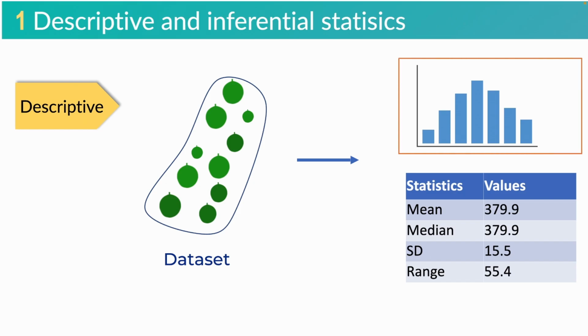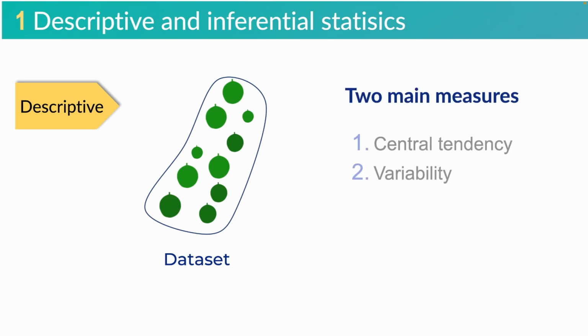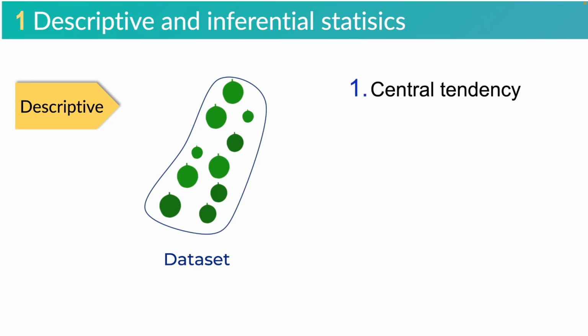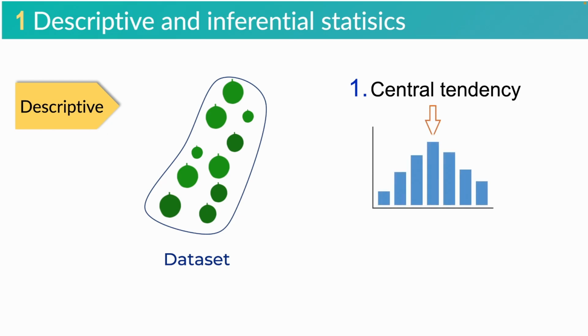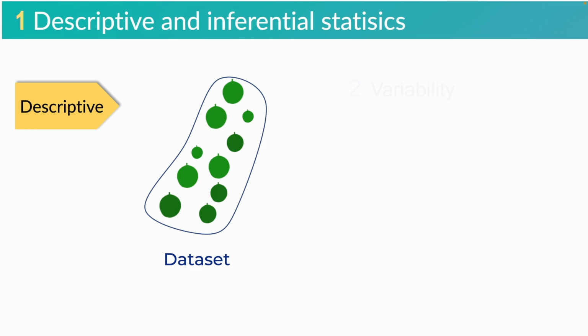Figures and tables are often used to present descriptive statistics. There are two main measures in descriptive statistics: the measure of central tendency and the measure of variability. Measures of central tendency attempt to approximate the center of a distribution, including mean, median, and mode.